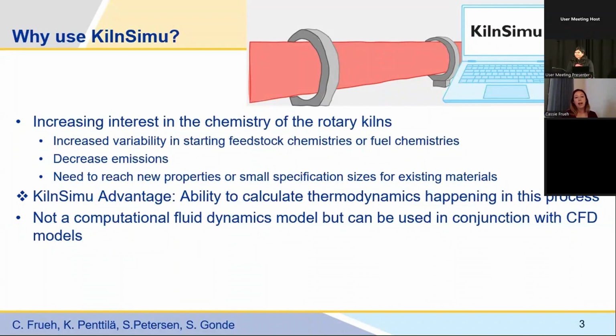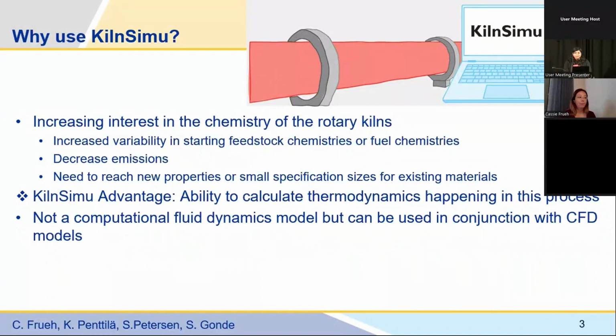So you can see how changes in your feedstock or fuel will affect the chemistry and composition throughout your entire process. We've also had customers that link KilnSimu and a computational fluid dynamics model with Fluent or Ansys, and we can help with that if that's something a customer is interested in.